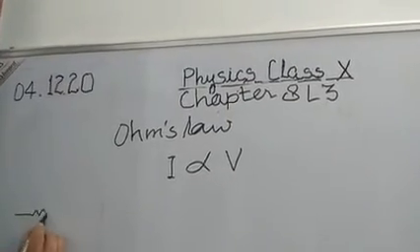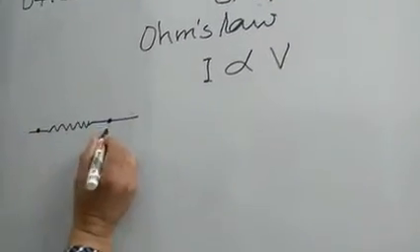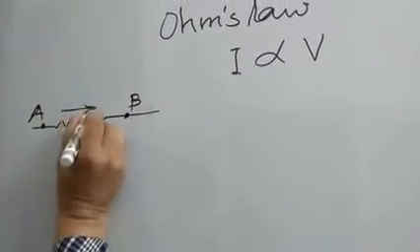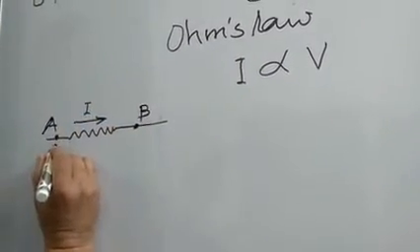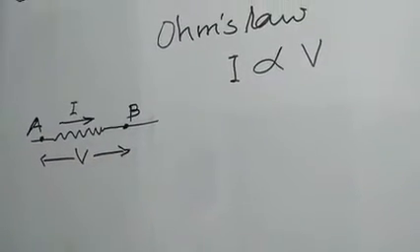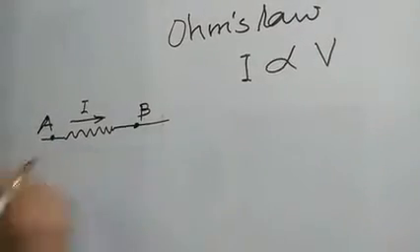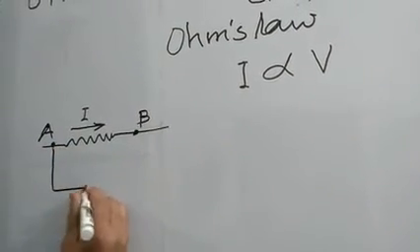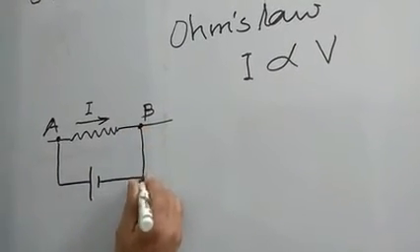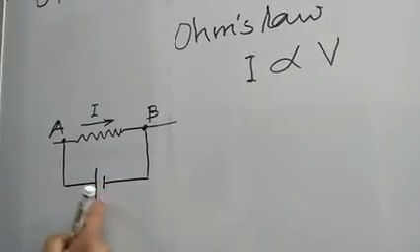For example, if this is a wire and the ends are A and B, then the current I which flows here is proportional to the potential difference applied across the ends of the conductor. How is potential difference applied? I had told you earlier, by joining with a cell or a battery. This will send a current, and the potential difference is provided by the battery.